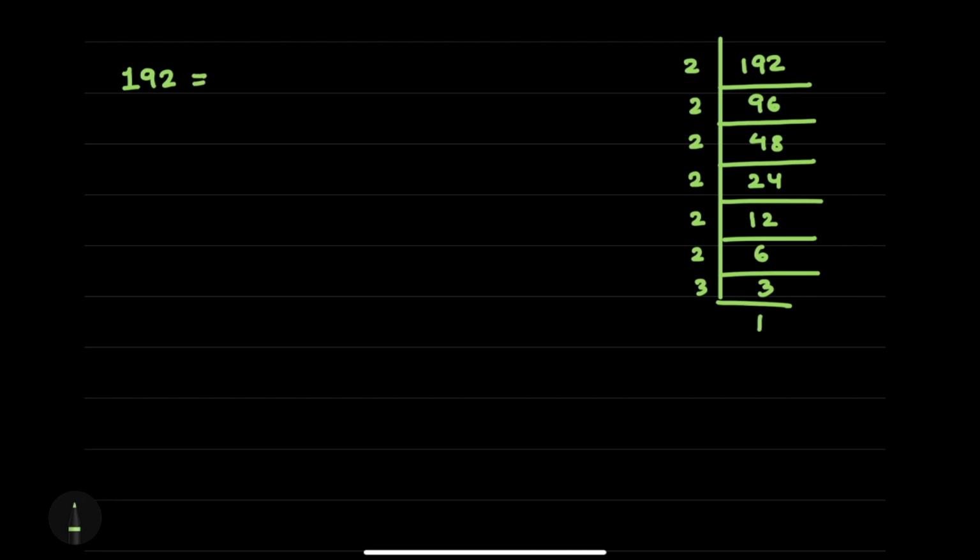Let's express this in terms of prime factors: 2 into 2 into 2 into 2 into 2 into 2 into 3. Let's create the triplets. There's a first triplet of 2, a second triplet of 2, and then there's no triplet for 3. So as we cannot express 192 in terms of triplets, this is not a perfect cube.